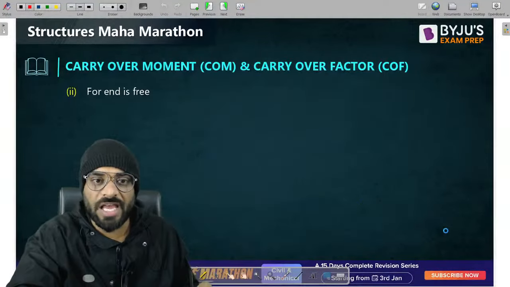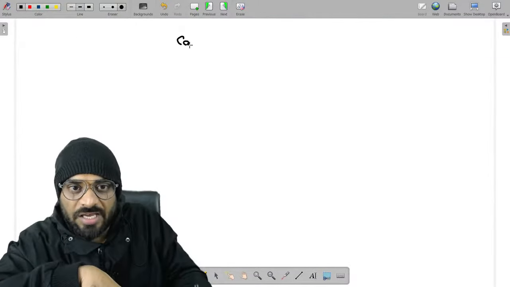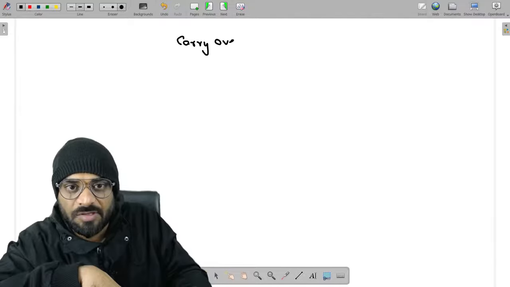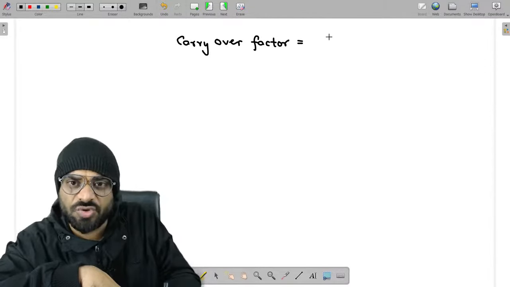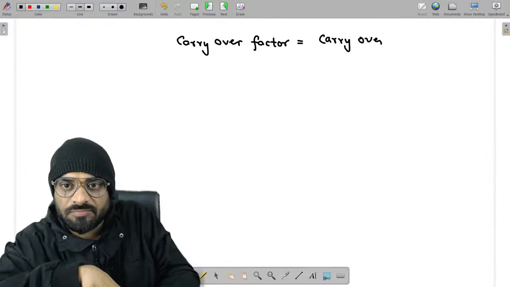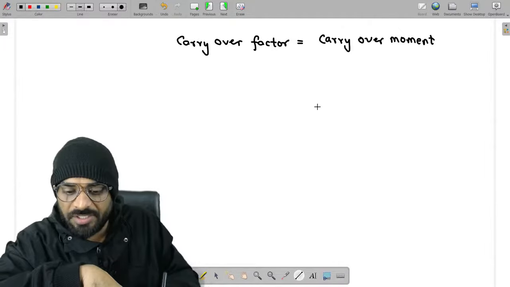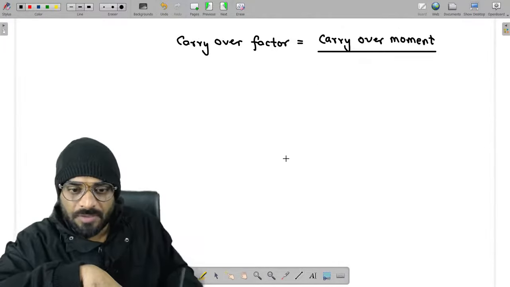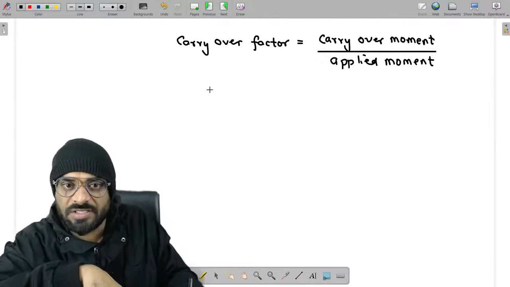Now how can you write the carryover factor? Carryover factor is the ratio of carryover moment upon applied moment. Carryover moment divided by applied moment. The ratio of these two values will give us the carryover factor.